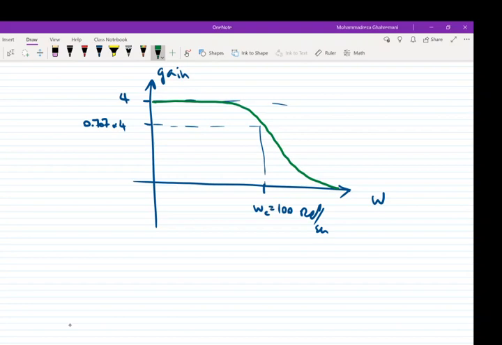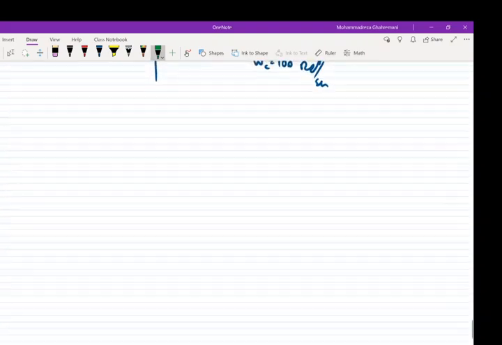Okay. Now we move to the next example, which in fact is the design of a passband filter, and we want to characterize that filter. So let's do that together. This example is the last example for active filters.